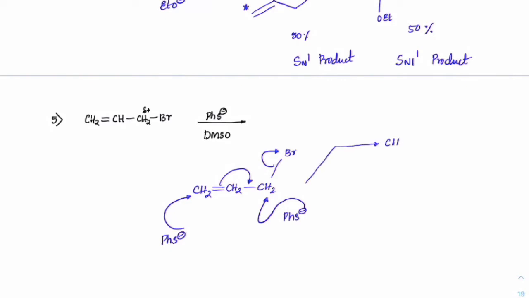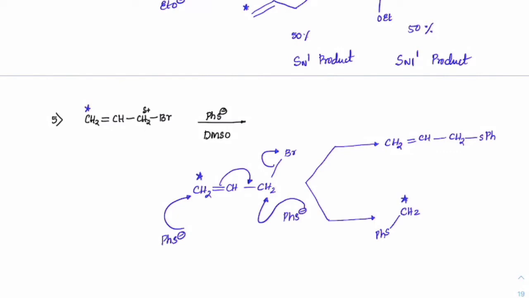One is CH2 double bond CH, this is CH, CH2 SPh, this is the one we get. The other product we will get is CH2 SPh, and let me take this one also as the isotopic one.